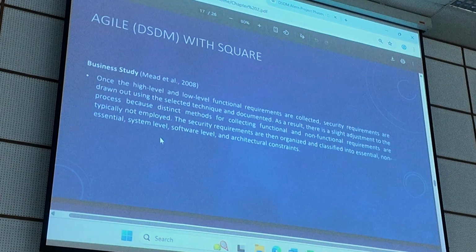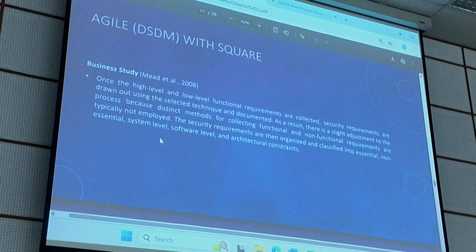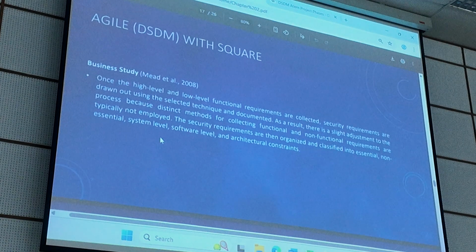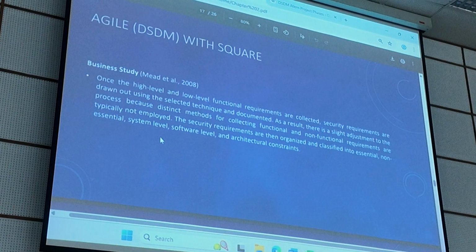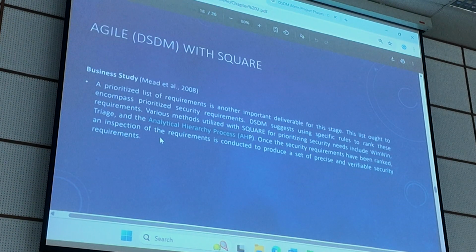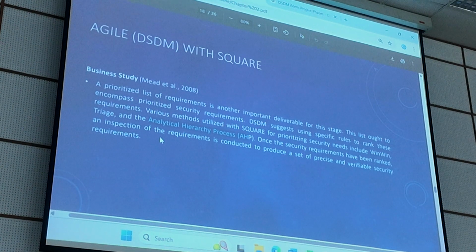In this case, you may have the high level and low level requirements in your hand already. Then you have to draw up your software requirement. Continue business study. After that, you may have your prioritized list.